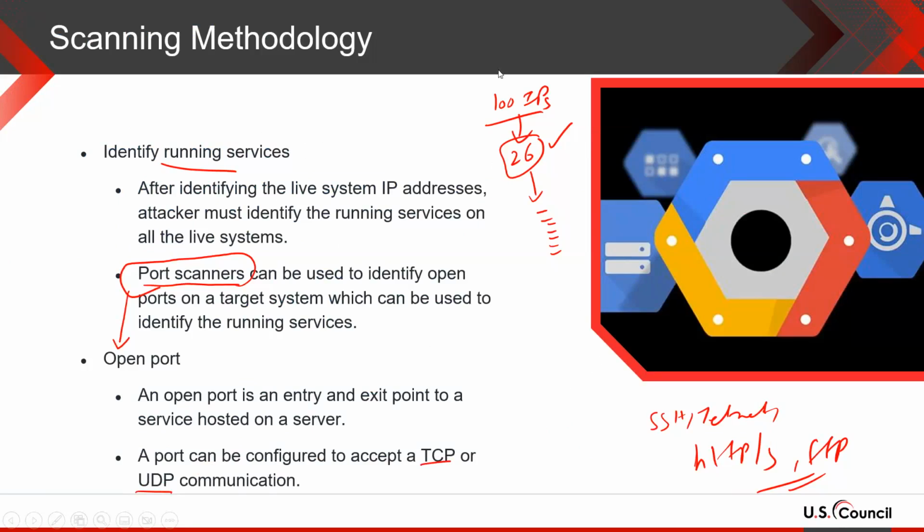So whatever port you are trying to use, port 80 or port 443, or 53 and all this, right? These ports can be configured to use either TCP based communication or UDP based communication.